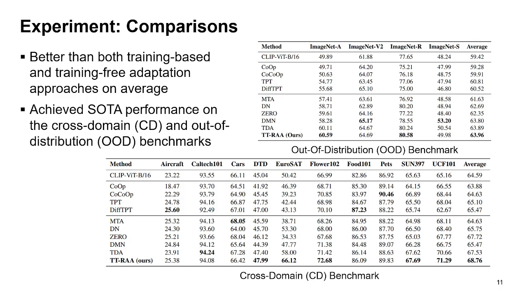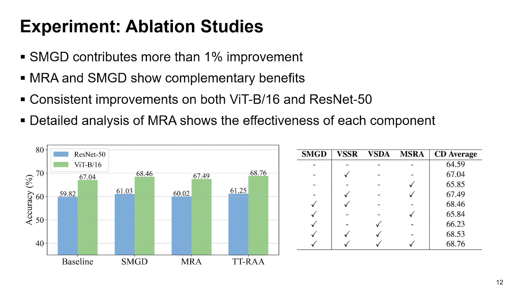Our method achieves state-of-the-art performance on both cross-domain and out-of-distribution benchmarks, showing better results than both training-based and training-free approaches on average. From the ablation studies, we can say SMGD plays an important role, suggesting the effectiveness of modeling the streaming test data as a mixture of Gaussian distributions.